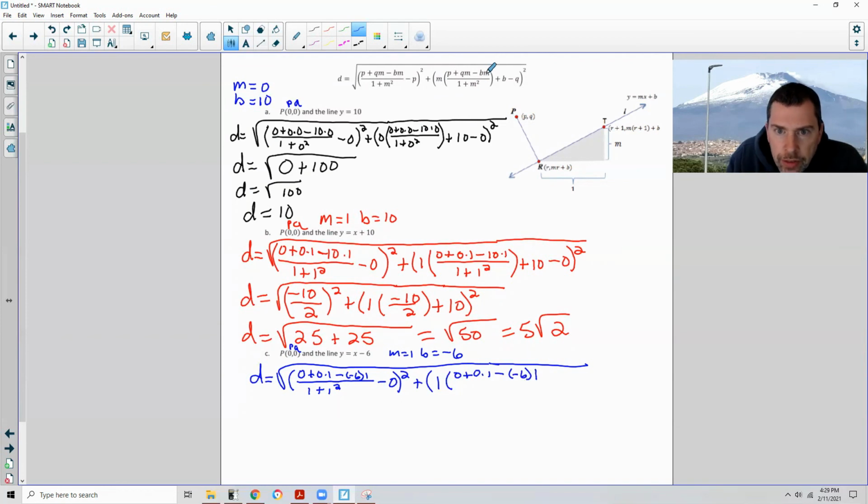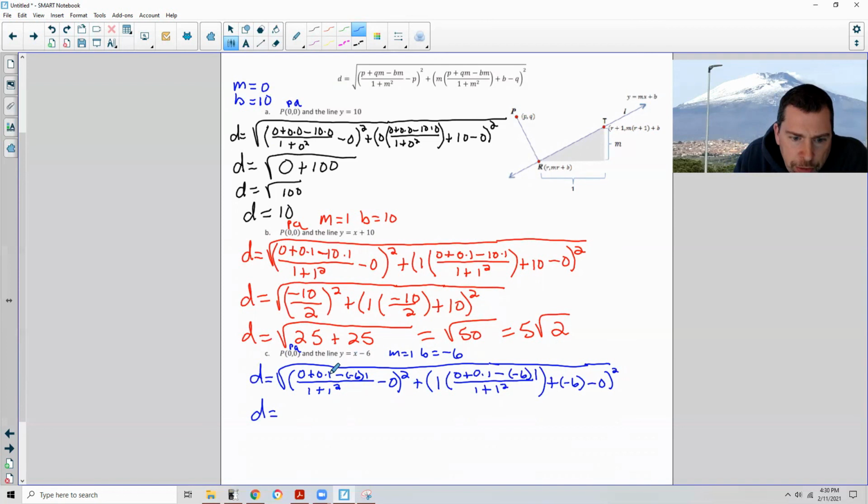So I'm right here, all over 1 plus M squared. 1 plus M is 1 squared, close parentheses. And now I want to add B, which is a -6, and subtract Q, which is 0. And square that. Okay, that's a long formula, but it's still not bad. It's better than the alternative.